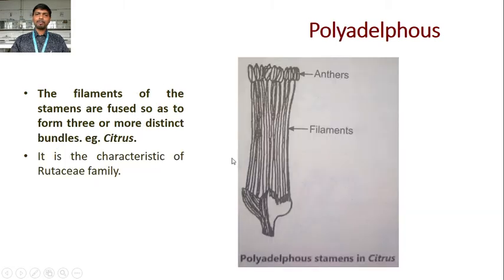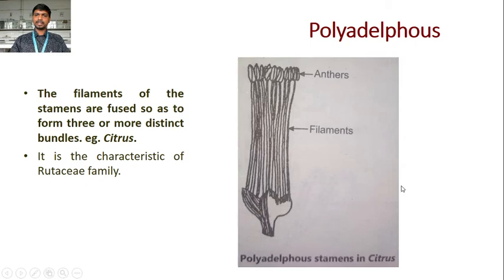Next is the polyadelphous condition, where the filaments of the stamens are fused so as to form 3 or more distinct bundles, for example citrus, which is the characteristic of family Rutaceae. More than 2, that is 3 or more distinct bundles, are formed by the union of filaments of the stamens. Such condition is polyadelphous.